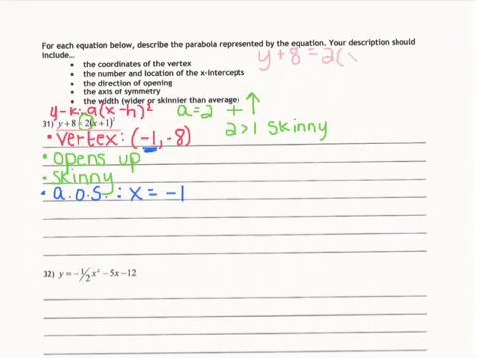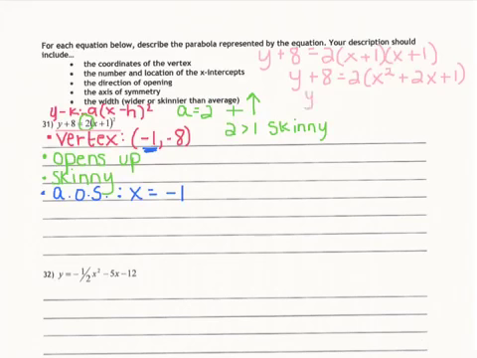Equals 2 times x plus 1 times x plus 1. I'm going to FOIL those together, so I get y plus 8 equals 2 times x squared plus 2x plus 1.